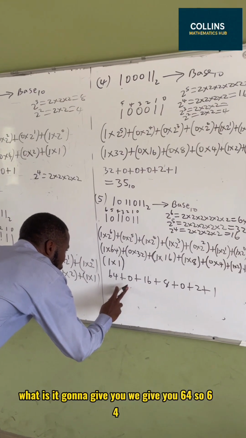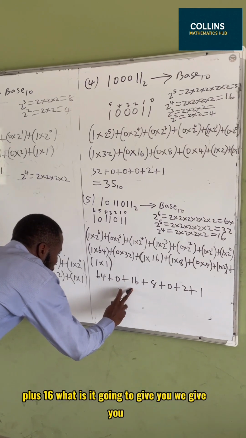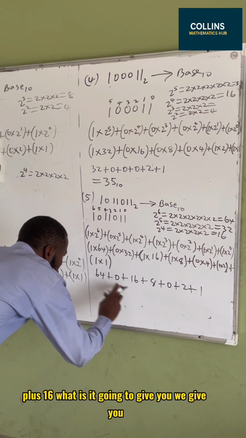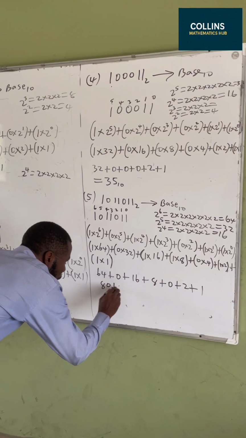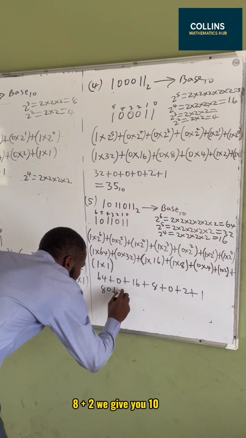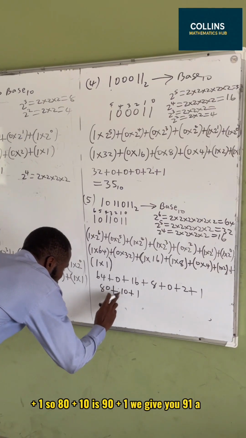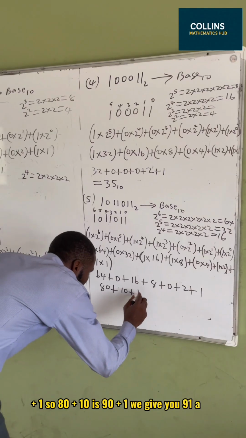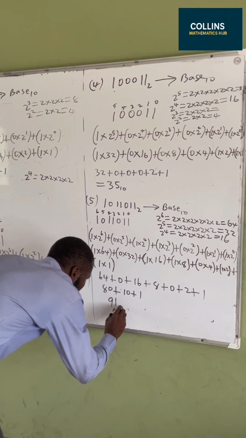It will give you 64. So 64 plus 16, what is it going to give you? It will give you 80. 8 plus 2 will give you 10, plus 1. So 80 plus 10 is 90, plus 1 will give you 91 in base 10.